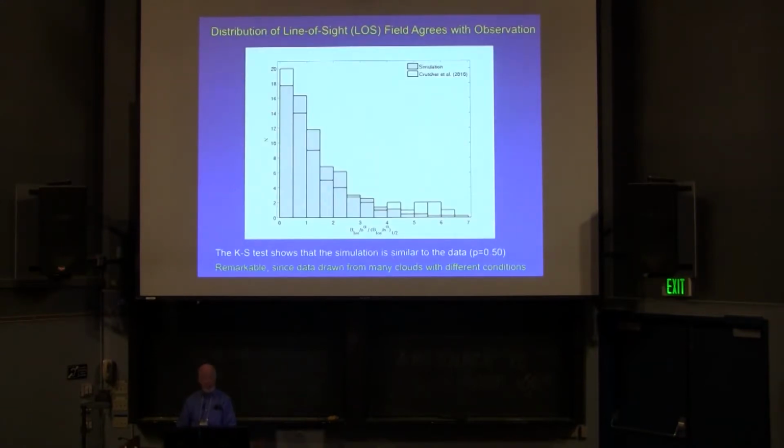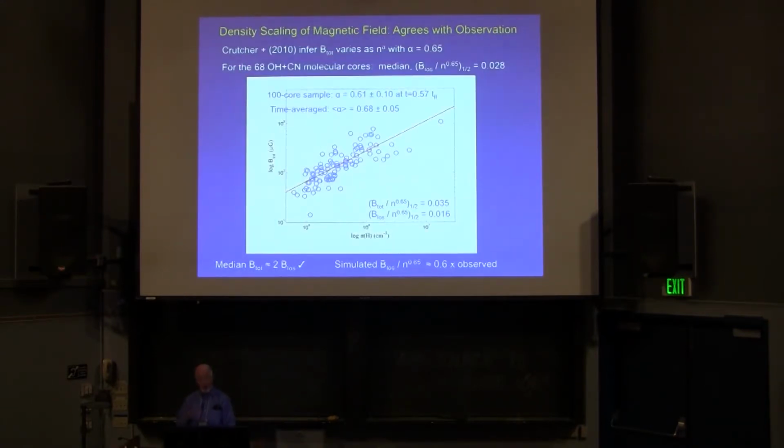Well, I'll just mention this now also. This is amazing, because remember, we had some arbitrary choices to make at the beginning. I decided to use the line width-size relation. I didn't emphasize the fact that that relation has a variation of a factor of 3. I said it's about 1 kilometer per second on a scale of a parsec, but it can also be 3 kilometers per second or a third of a kilometer per second.